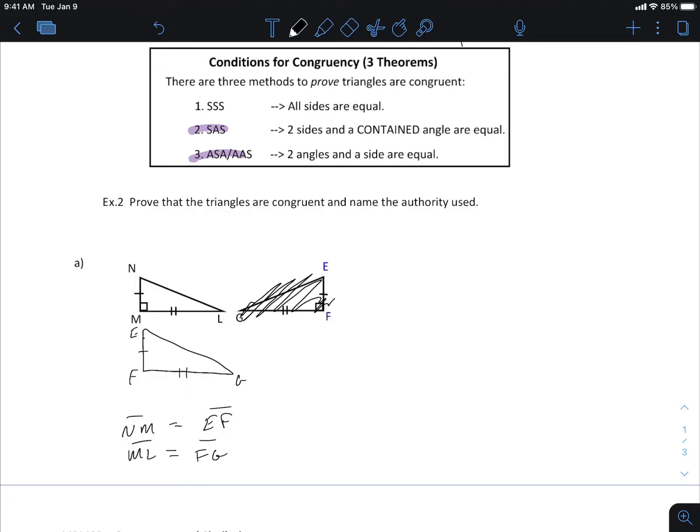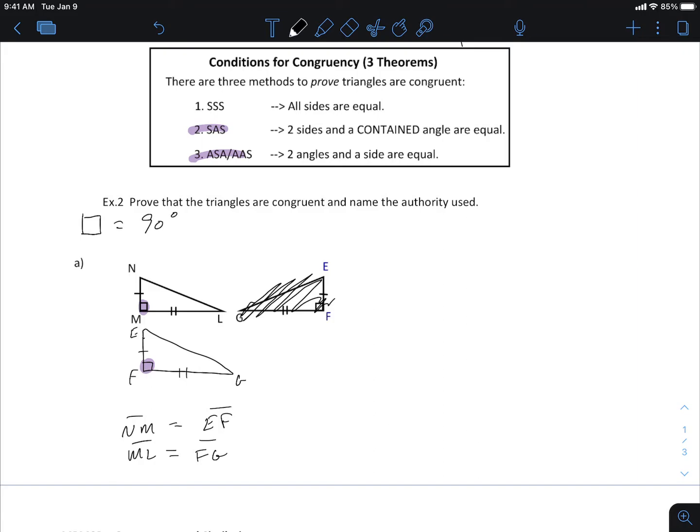Now, here's a catch. If these two match, actually, I forgot to draw something in the new picture. There's a little 90 degrees sitting in here too. That's what that means, which we're going to spend a ton of time dealing with. So you have to know that the little square in the corner means 90 degrees.